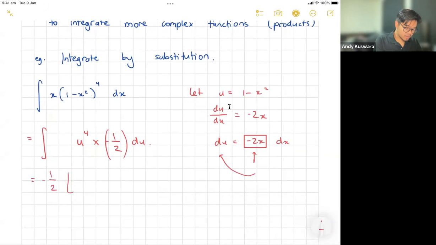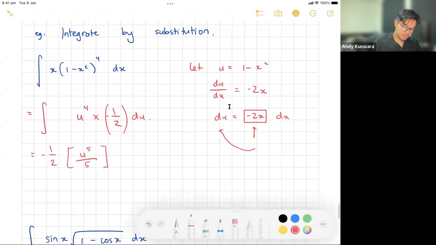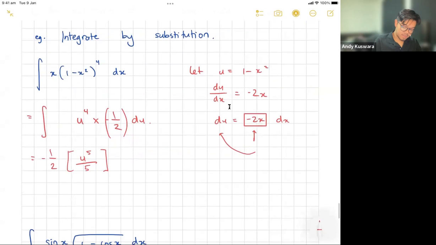Now it'll be u to the 5 over 5, and I don't actually have anything else to go off, so it's just going to be this plus c. So it's going to be negative u to the 5 over 10 plus c.